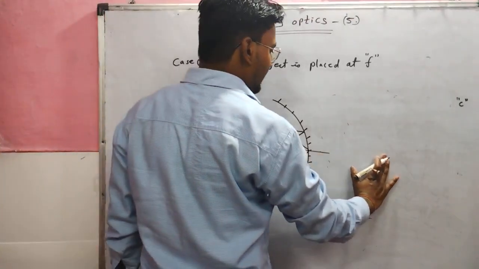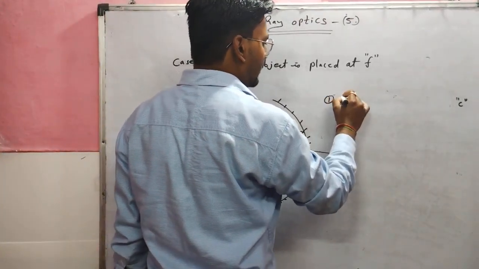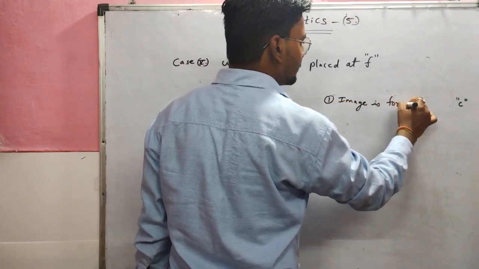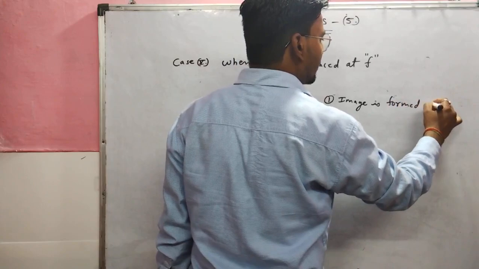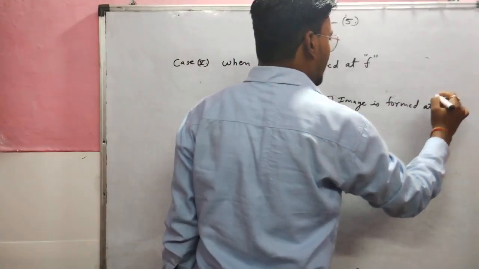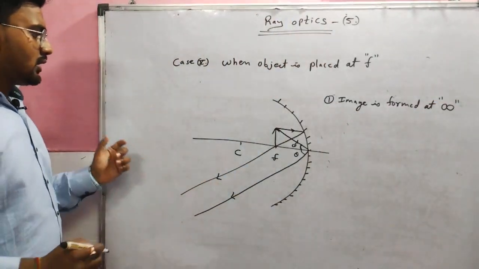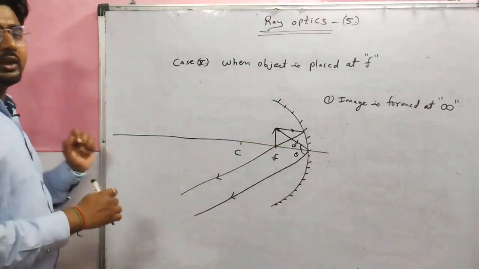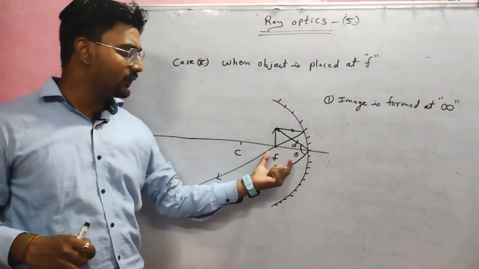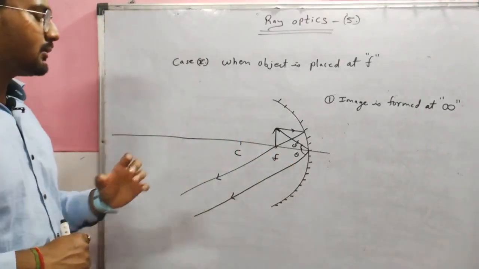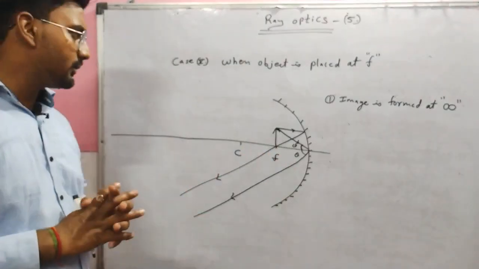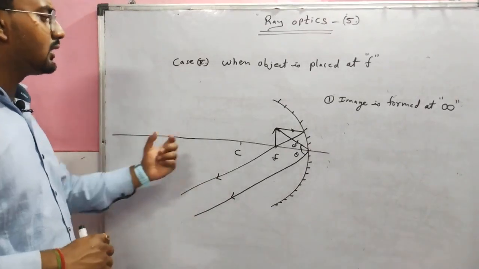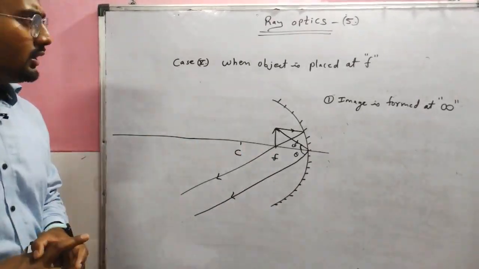So we say that the image is formed at infinity. Infinity means a very far point as compared to the dimensions of the concave mirror, the image is formed at a much larger distance than the dimensions of the concave mirror.